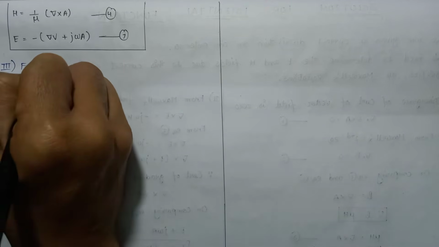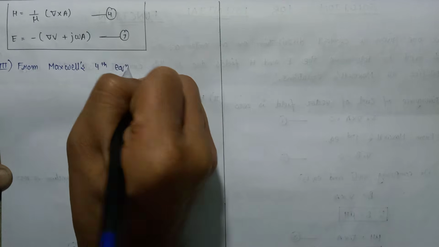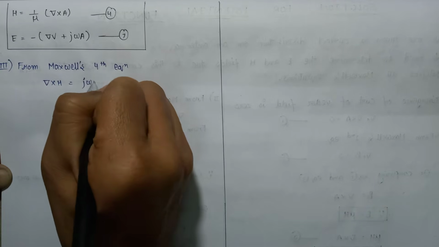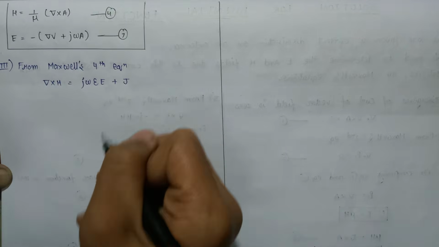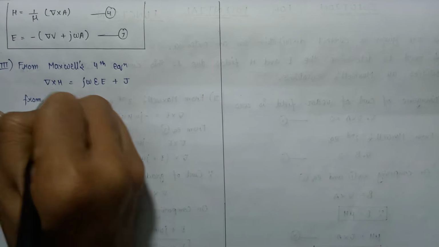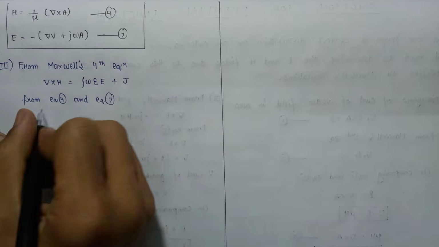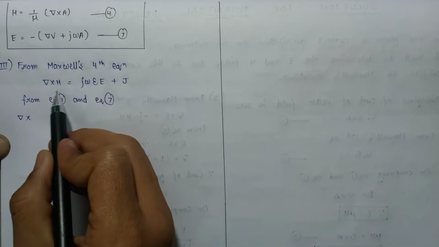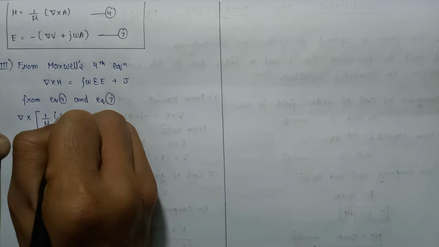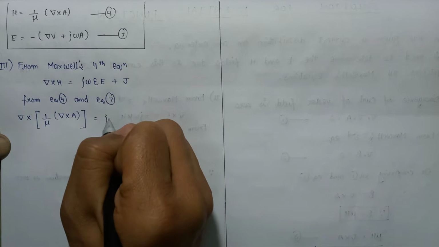From Maxwell's fourth equation, we can say that del cross H is equal to j omega epsilon E plus J. Now from equation number 4 and equation number 7, by putting the value in place of H, we write 1 over mu del cross A equals j omega epsilon.